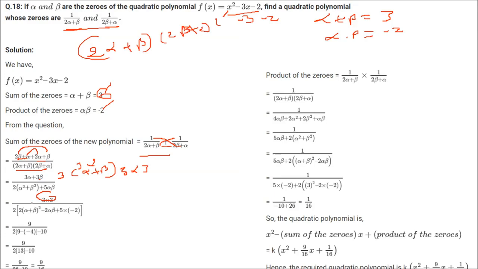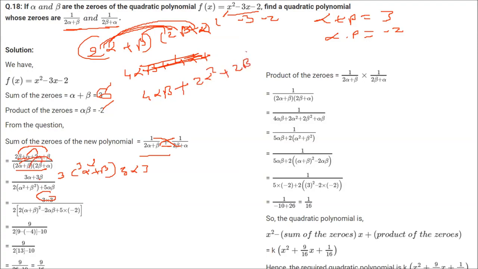Multiplying, 2 alpha into 2 beta is 4 alpha beta, then 2 alpha into alpha is 2 alpha square plus beta into 2 beta is 2 beta square plus beta into alpha is alpha beta.